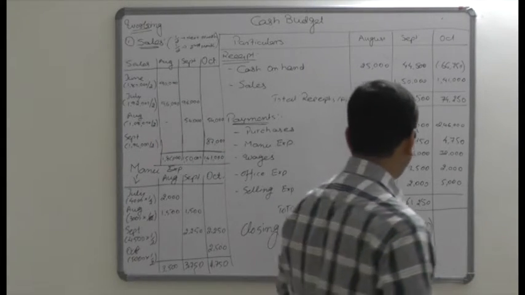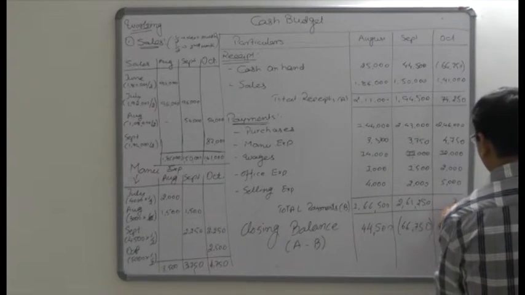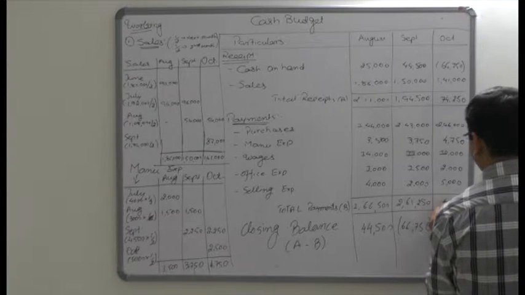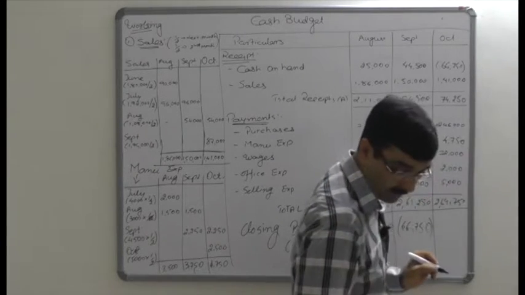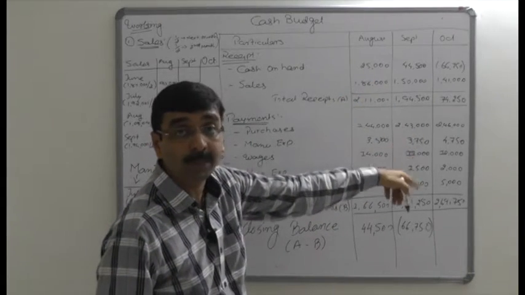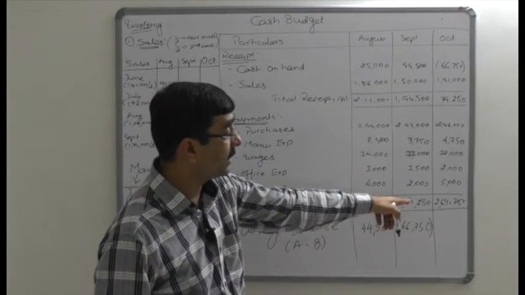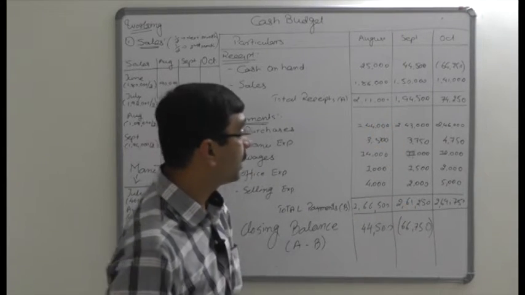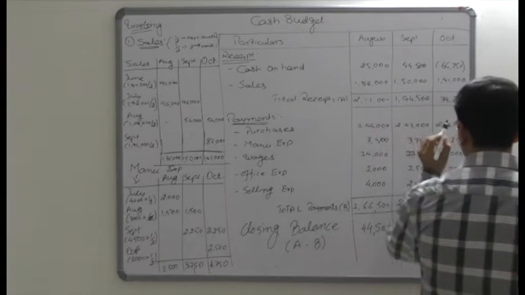Now make a total of payment. The payment total comes to 6, 10, 12, 14, 19, 5, 6, 2,69,750 rupees. This is the total payments incurred in the month of October. So total payment comes to 2,69,750, where you have only 74,250 rupees in your hand.